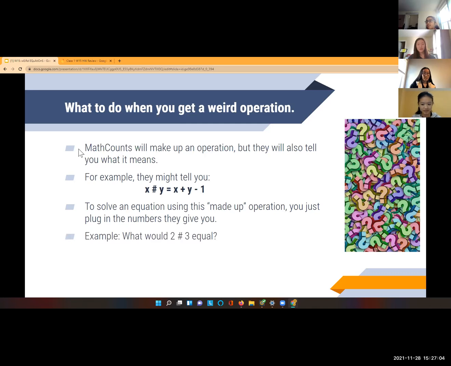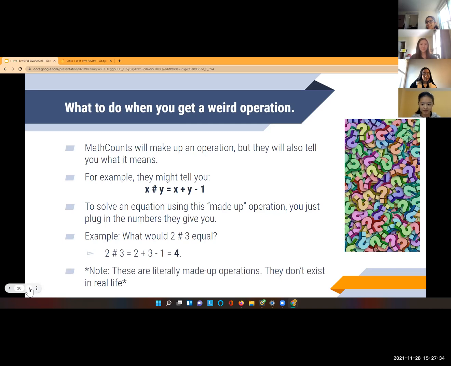So what would 2 hashtag 3 equal? Somebody tell me. Yeah, you're right, it is 4. All you have to do is put 2 as X and 3 as Y, which would give 2 plus 3 minus 1, which is 5 minus 1, which is 4.